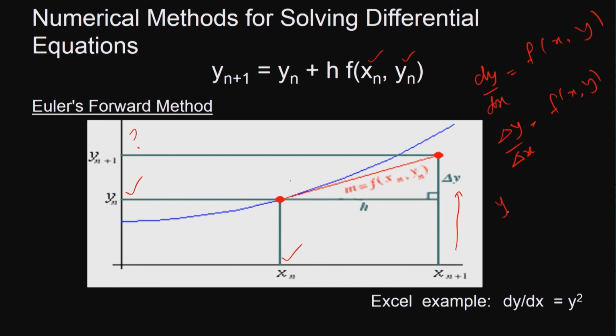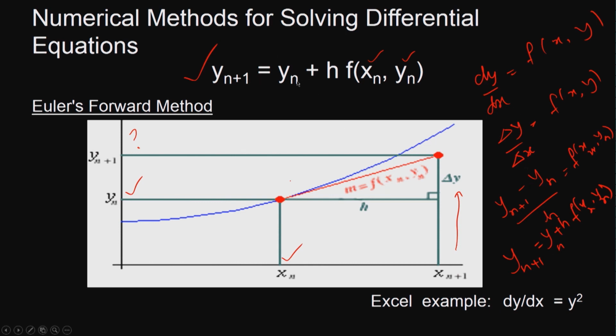Delta y is nothing but y_n plus 1 minus y_n, and delta x is h, so delta y equals h times f of x_n, y_n. So y_n plus 1 is equal to y_n plus h into f of x_n, y_n. This is what is given here. So we start from this approximation. This is the simplest method.